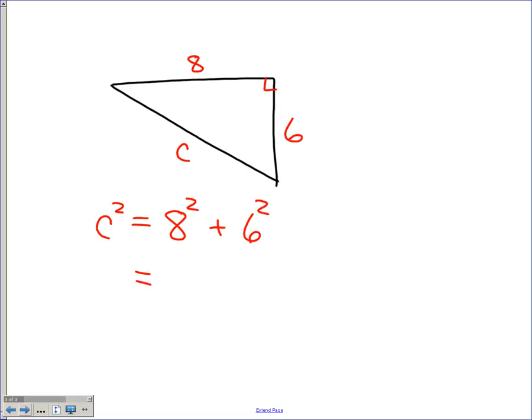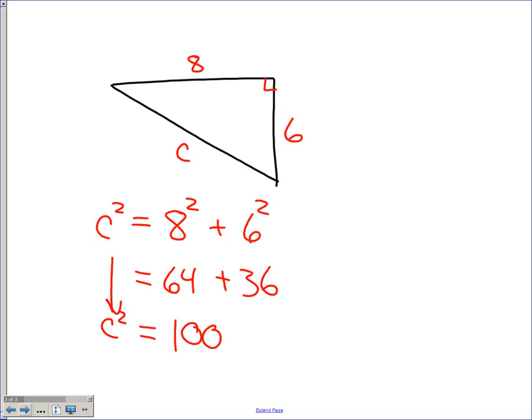Well, we have to go through and multiply these out. Well, again, these are both from our multiplication tables, so those are not too bad. And then when we add the 64 and 36 together, that's 100. But again, that is C squared is equal to 100. Well, if C squared is 100, what number multiplied times itself equals 100?